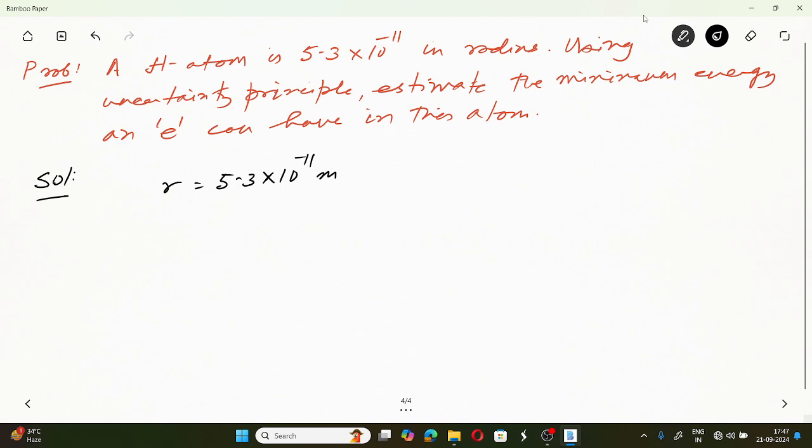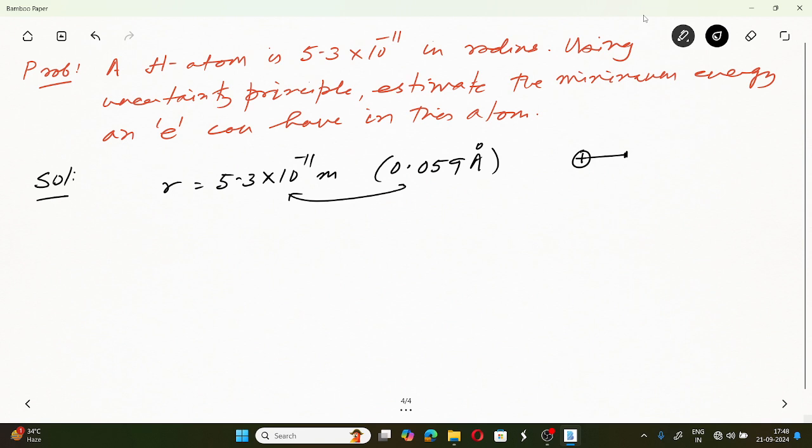So you see, this is basically the radius of the first Bohr orbit. You know that this is 0.529 angstrom, practically 0.53. So the radius is equal to this, the first Bohr radius.